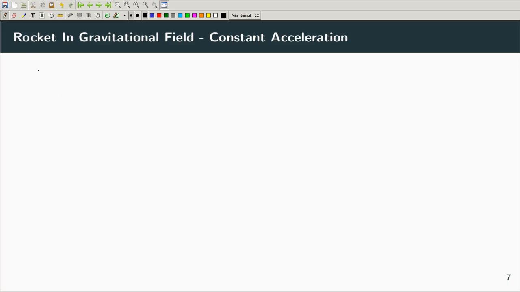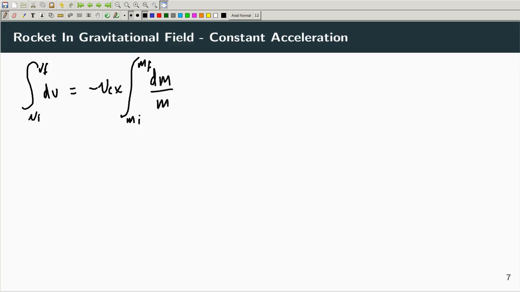So it's v initial to v final of dv is equal to some constant of the exhaust speed, mass initial to mass final, now this is just v final take away the velocity initial.